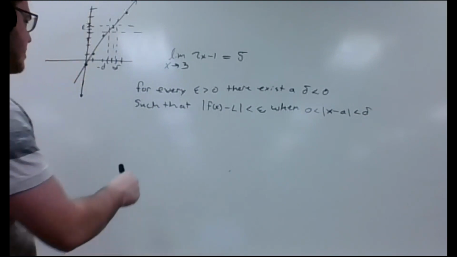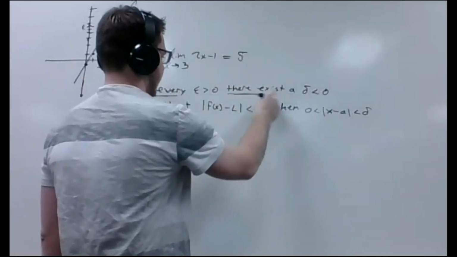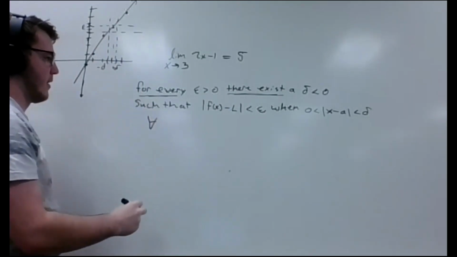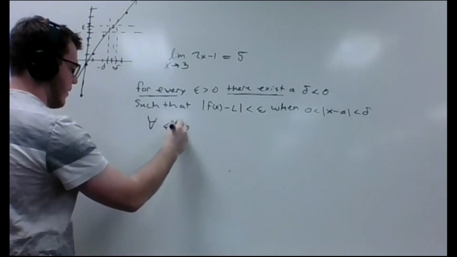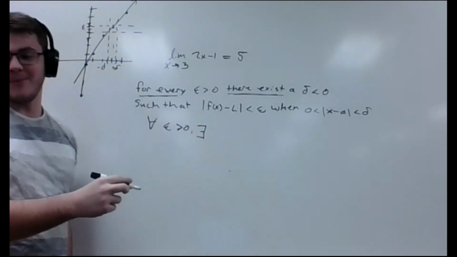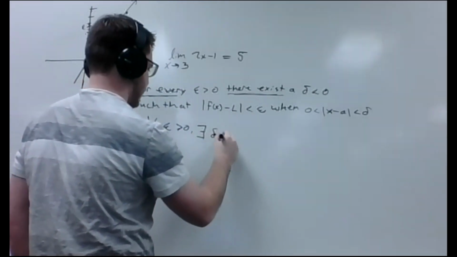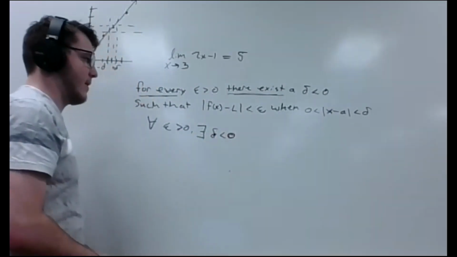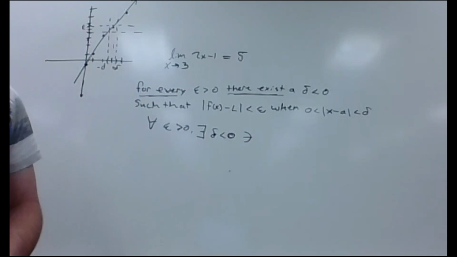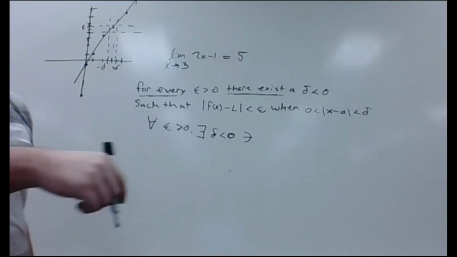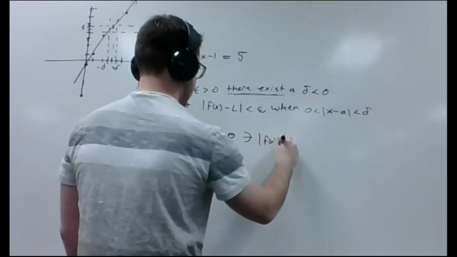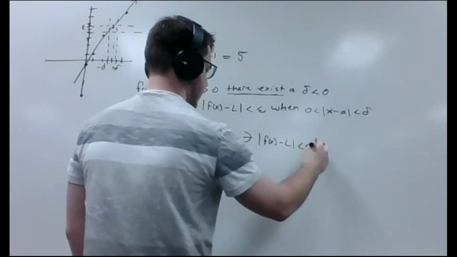They use a bunch of funky notation for this. I don't know if you've covered it, but it's kind of strange. For every, they write an upside down A, epsilon greater than 0. There exists is a backwards capital E, delta greater than 0. And such that is kind of a backwards, not quite so capital E. Then it's basically the same, such that epsilon when.